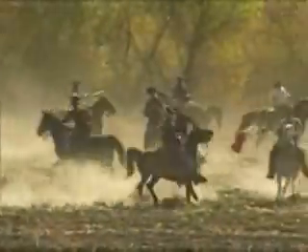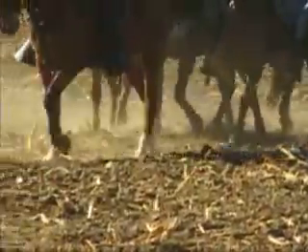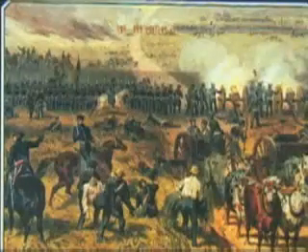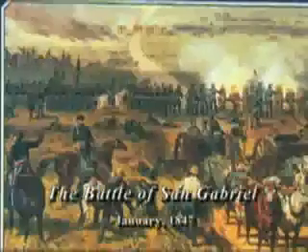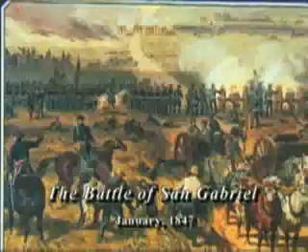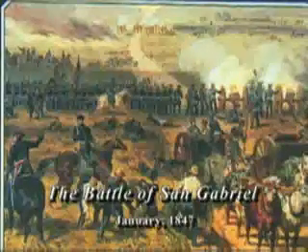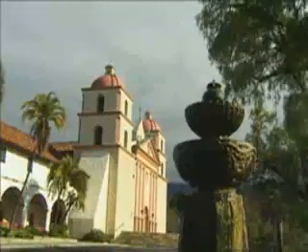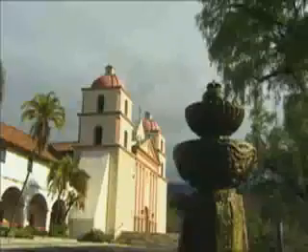However, most of them survived and went on to join forces with other U.S. troops, led by Commodore Robert Stockton. Together, Kearny and Stockton's troops were able to defeat a powerful Mexican force in the Battle of San Gabriel near Los Angeles. And with that victory, in January of 1847, the United States took possession of California.